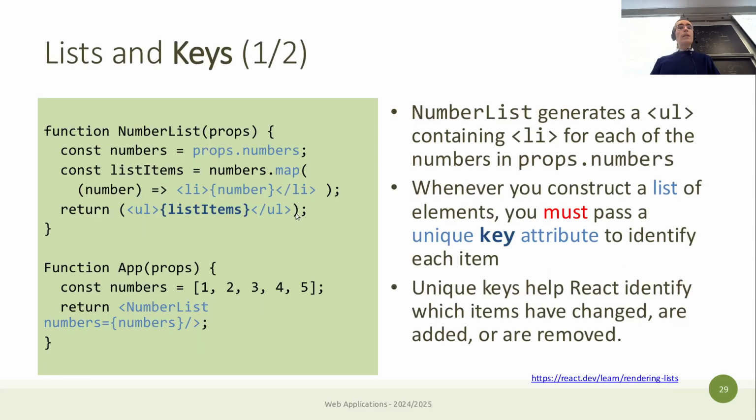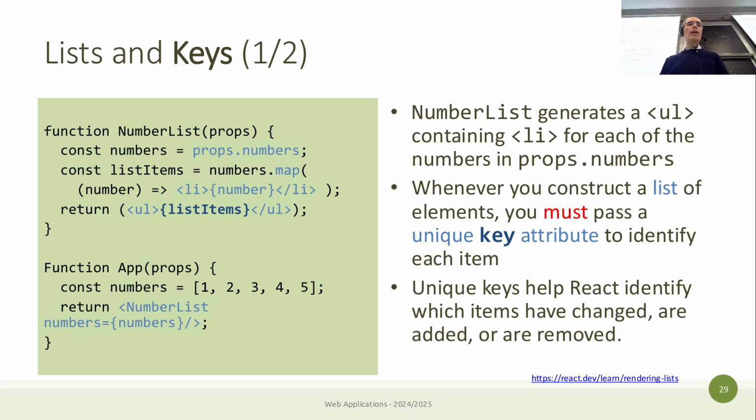Lists and keys. Lists are important because it's like 100% sure it will be present at the exam. Because if we don't have a list of stuff, we have really nothing to show in a web application, right? So you load the list of anything from the server, and then you need to show the content.